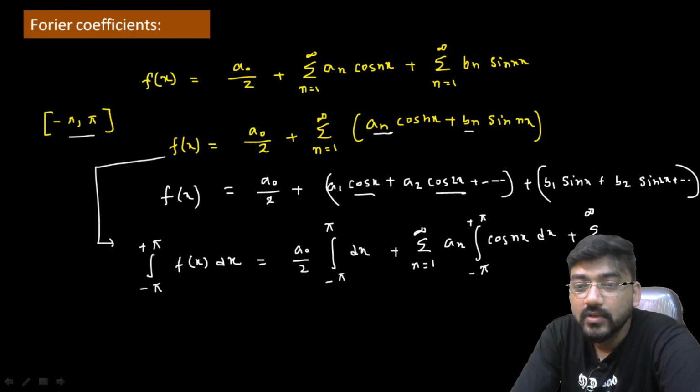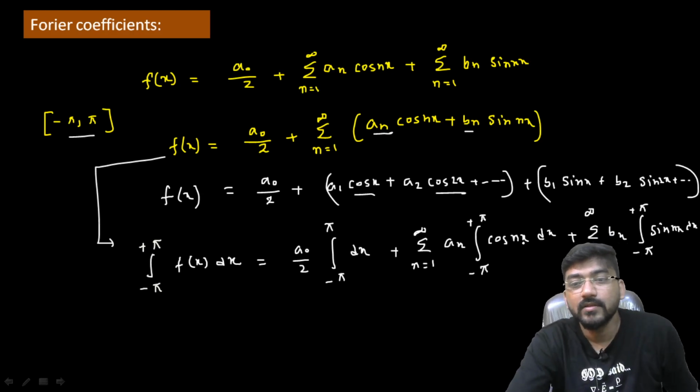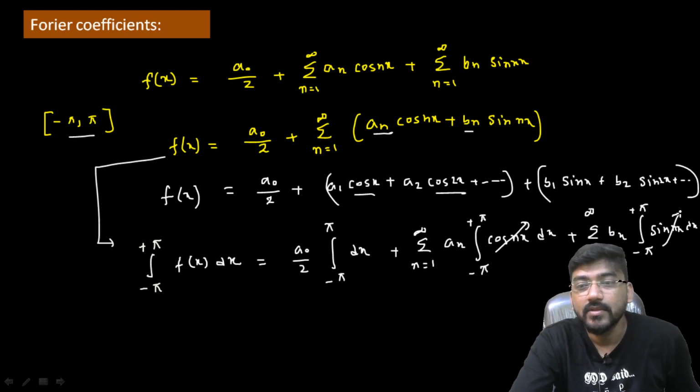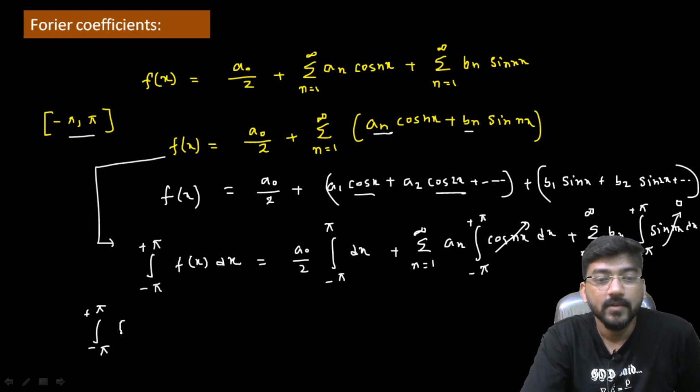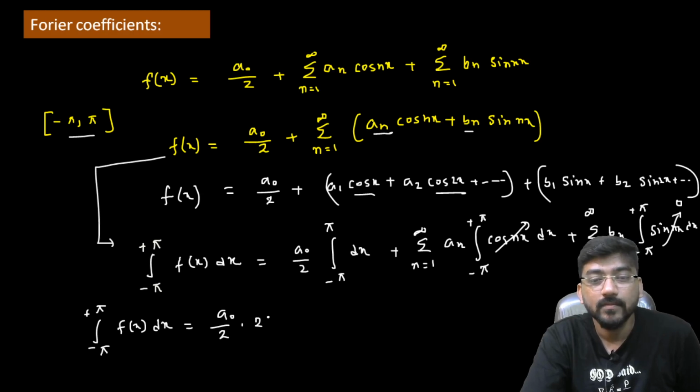Here n is equal to 1 to infinity bn, and it will be just minus pi to pi sin nx dx, but this integration will also be 0. So what you will have is just minus pi to plus pi f of x dx is equal to a0 by 2 into the integral of dx from minus pi to plus pi, which is 2 pi.